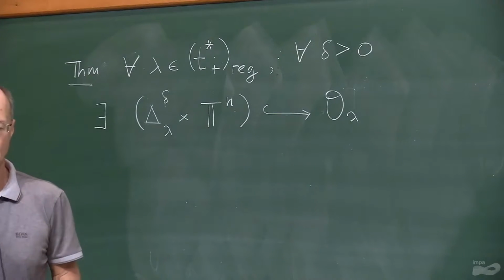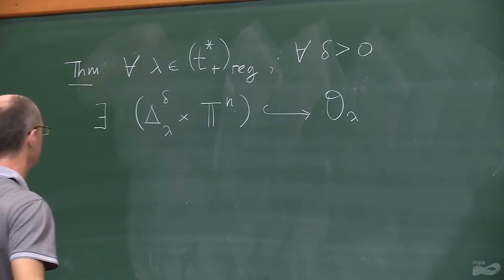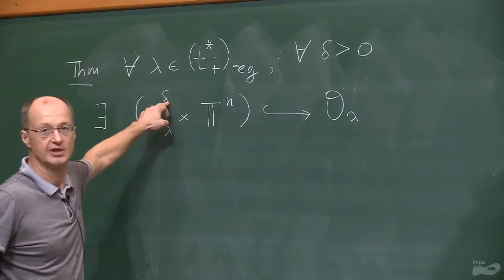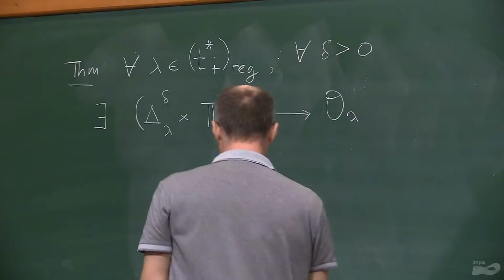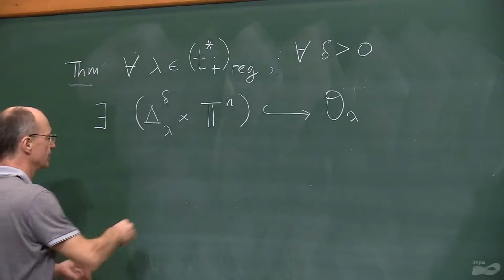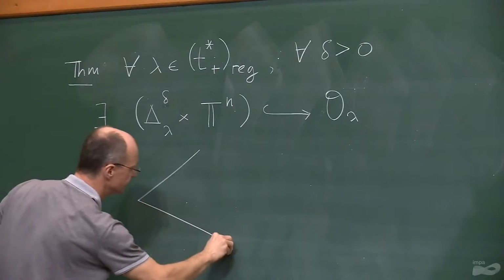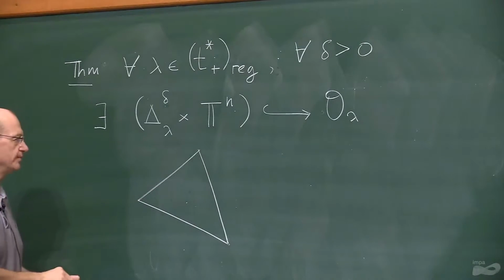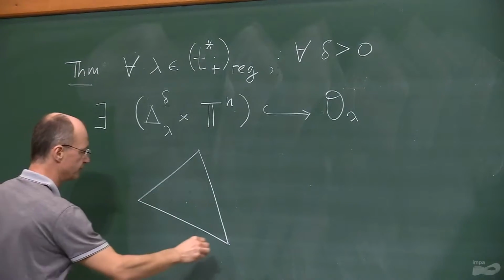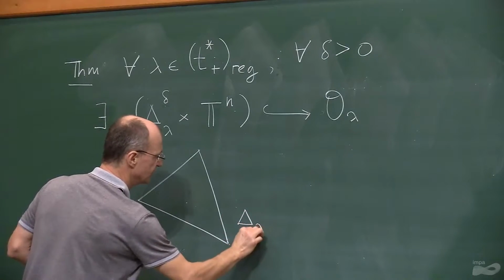And here, suspiciously, there is this delta. So what is it? We've got a polytope. Let me draw it on a plane as if it were a triangle. So this is the polytope delta lambda.